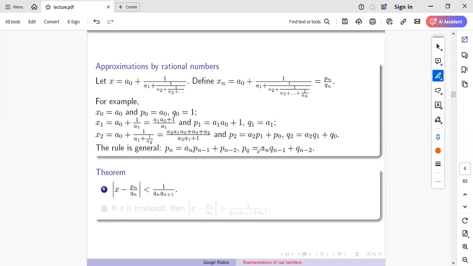These expressions allow us to estimate actually how small is the difference between x and xn. x minus xn is less than 1 divided by qn plus 1.